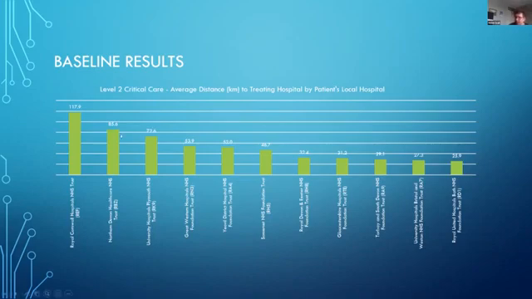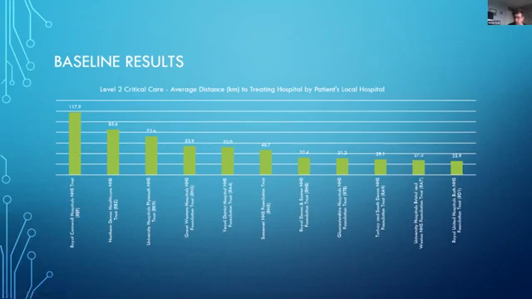And as you can see from this chart, it's looking at the level 2 critical care stays and the average distance that a patient would travel from their local hospital to a treating hospital. In a sense, these are the catchment areas for the hospitals. UH Bristol is the host trust of the Children's Hospital level 2 unit, so their average distance travelled for patients is quite low in comparison to Royal Cornwall, which is very high, being the most southerly point of the southwest.